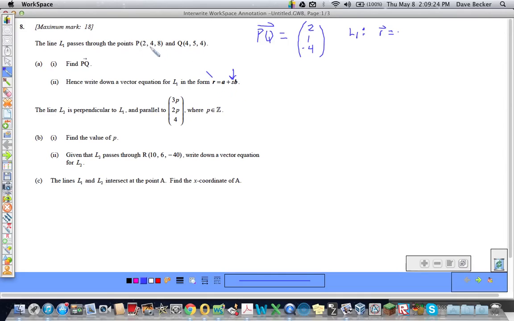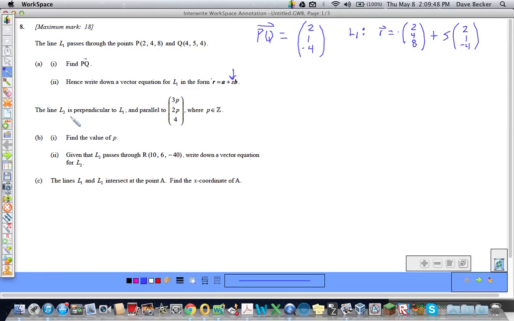It could be P or it could be Q. So this first one could be (2, 4, 8), which I'm going to use, or instead of (2, 4, 8), you could have also used (4, 5, 4), plus s times the direction vector, which we just found, (2, 1, negative 4). No big whoop. Bam! Stylin'.